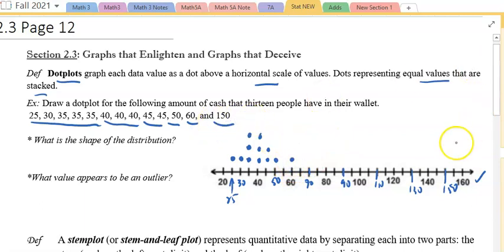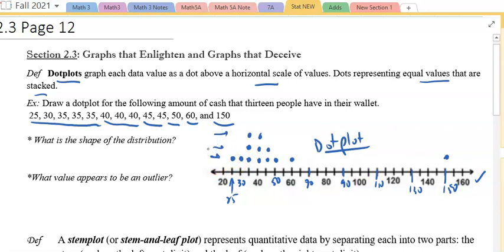And 150. There. This is a dot plot. The horizontal line is the dollars, and you just stack those on top of each other.